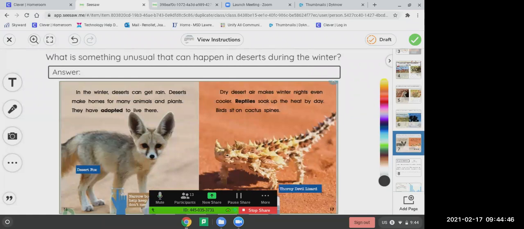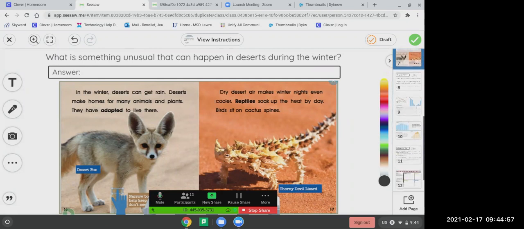Those 3 slides, number 5, 6, and 7, will be your task today. You do not need to continue on past number 7, even though there are slides.